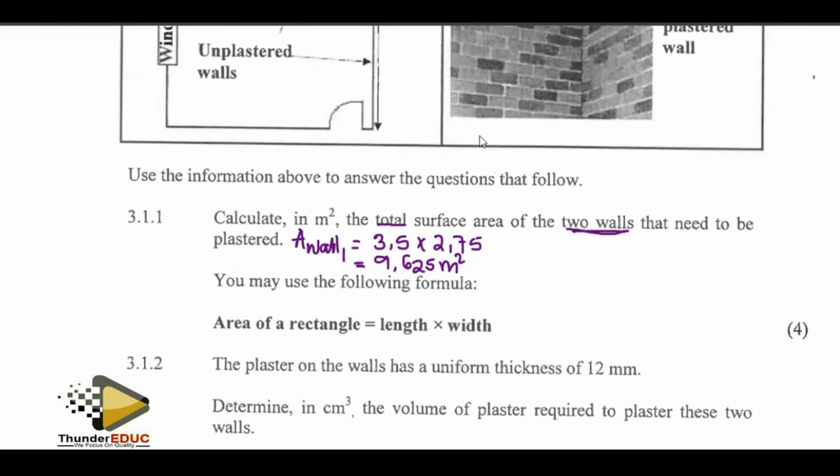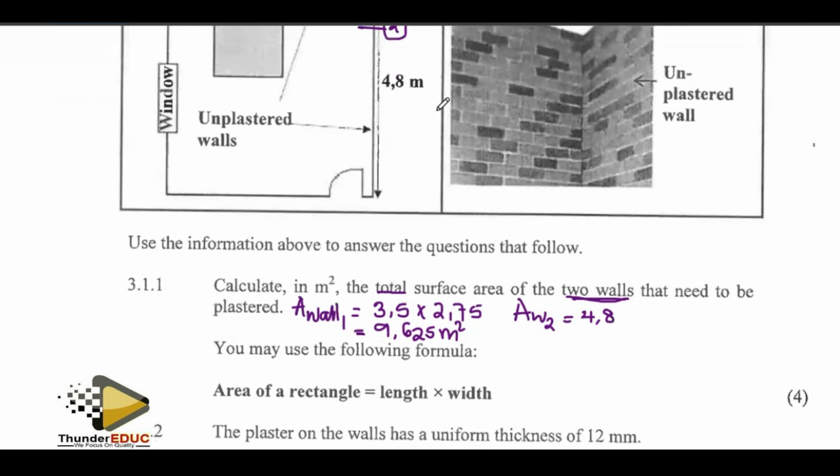So far I've got area of wall 1. Let me do wall 2. Still, because they're rectangular, it's L times P. So the wall that's remaining, sorry, it's the length, which is 4,8 meters, still times the height.